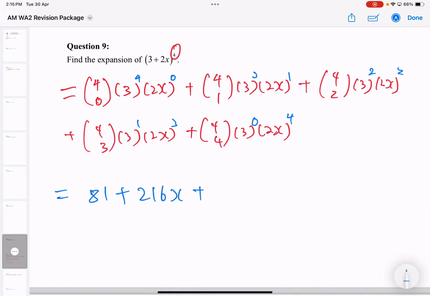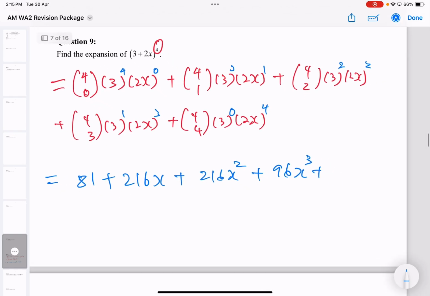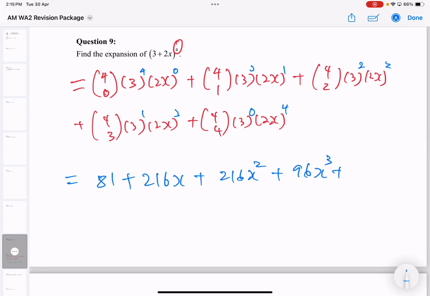Plus 4 choose 2 times 3 squared times 2 squared, so you get another 216x squared. Plus 4 choose 3 times 3 times 2 cubed, that will give you 96x cubed. And the last one, 4 choose 4 gives you 1, 3 to the power of 0 also gives you 1, and 2 to the power of 4 gives you 16x to the power of 4.